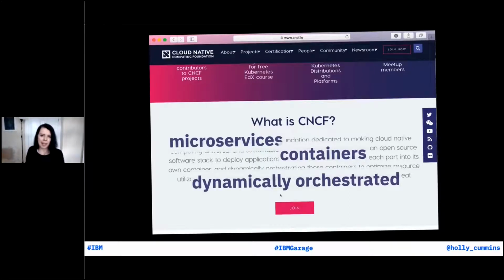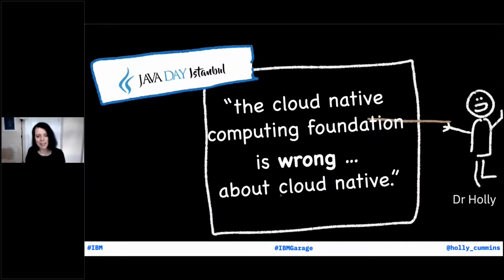So I say cloud native isn't about containers and it's not about microservices, but the CNCF say cloud native is all about microservices and cloud native is all about containers. And really, if you had to choose who was right and who was wrong, the CNCF, their name is the Cloud Native Computing Foundation.